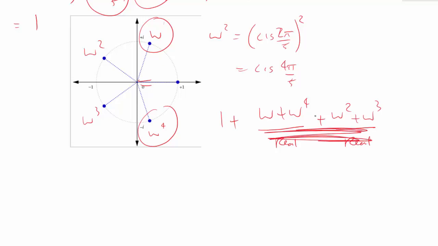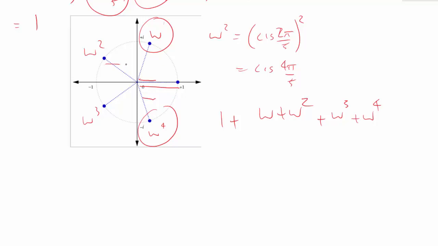I'll just rewrite them in order. So we know that that is real. It's also true that if I add up the 3 real parts of the right-hand side, I've got a positive there, a positive for this one, and a positive there, that is going to add up to these 2 positives exactly.